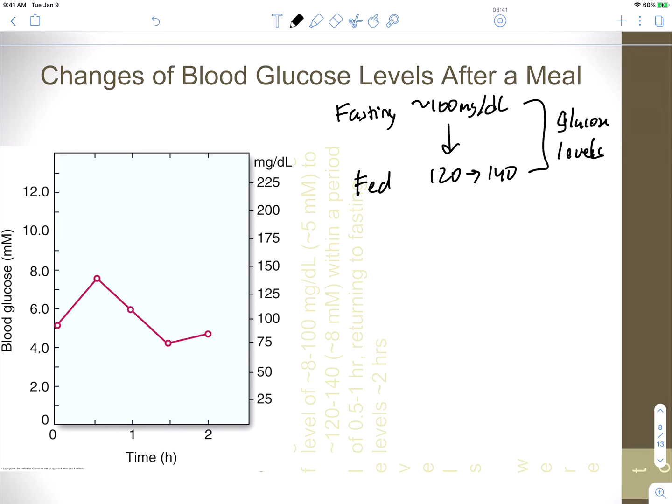If the levels were to continue to rise, then water would be released from the tissues. So if glucose levels rise, you get water release.